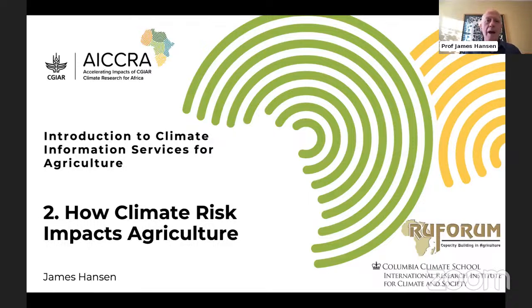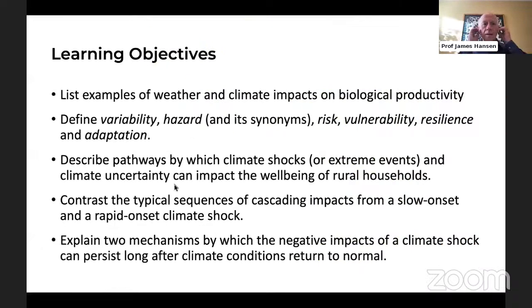So we're stepping back from the climate information to really understand how to use climate services for agriculture. We need to understand a little bit more: why is climate important, how is climate important for agriculture? The objectives are, at the end of this session, you should be able to list examples of weather and climate impacts on biological productivity. You should be able to define some terms and concepts.